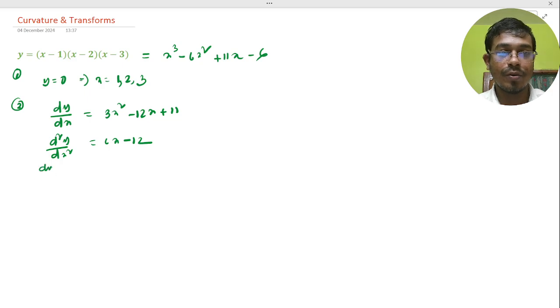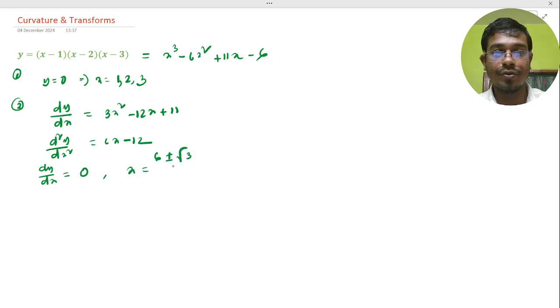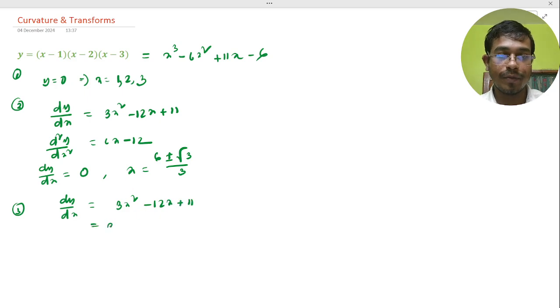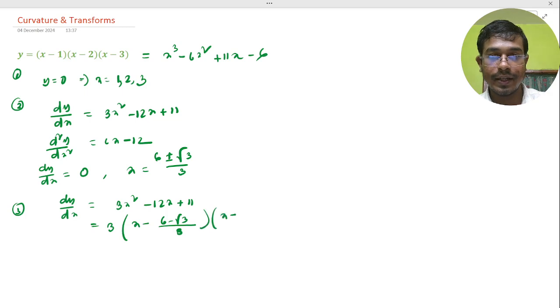Now the first derivative is 0 by the condition, and we get the value x equal to 6 plus or minus root 3 by 3. Third, we check dy dx equal to 3x square minus 12x plus 11. Put the value of x here: x minus 6 minus root 3 by 3, and another one x minus 6 plus root 3 by 3.